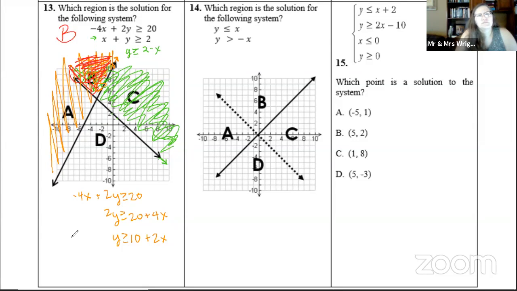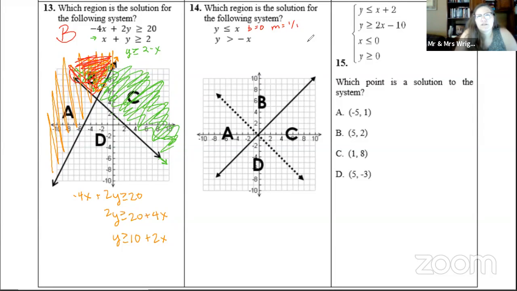Okay, so this one's going to be a lot easier because it's already set into the y equals, solve for y, form. So I just need to verify which of these equations matches. So y is less than or equal to x. In this case, b is going to be 0 and m is going to be 1 over 1.